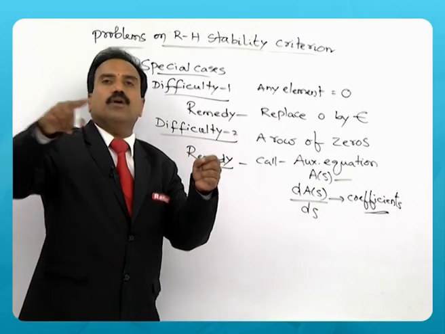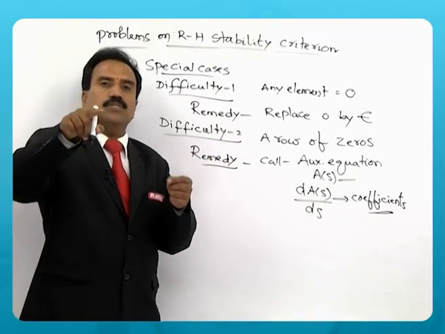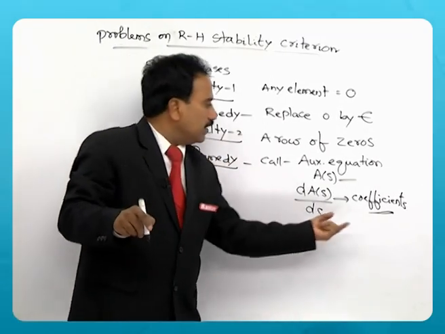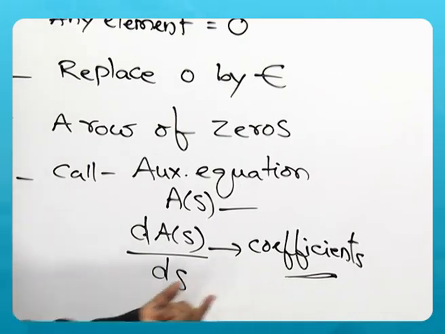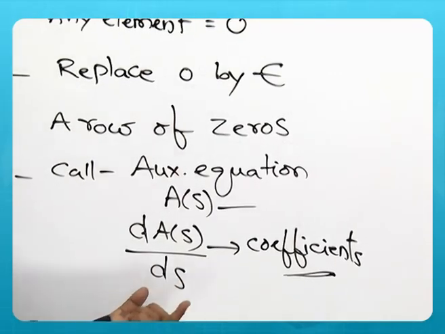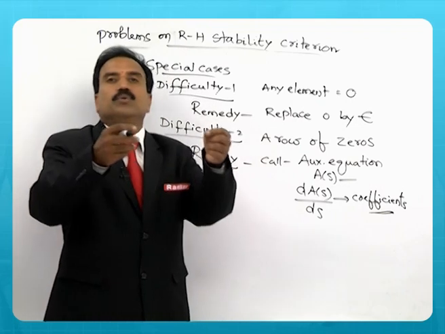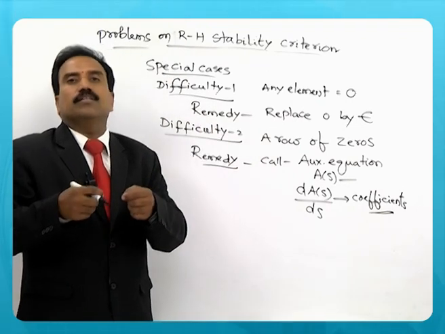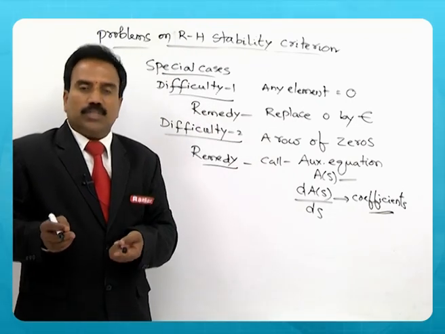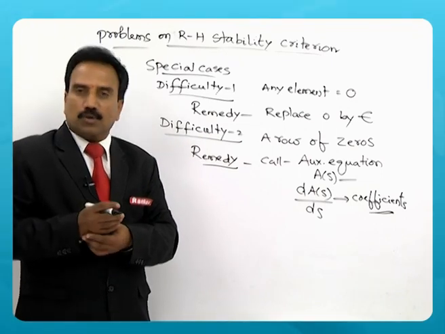You have already got a row of zeros. Those zeros must be replaced by the coefficients of the auxiliary equation after differentiation. Then you continue constructing the table and complete it till you get the S power 0 row.